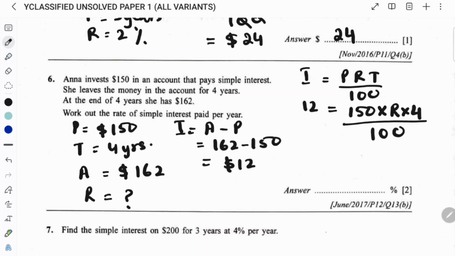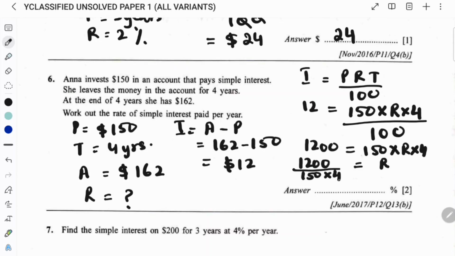Do the cross multiplication and you will get 1200 equals 150 times R times 4. Now move the rest to the other side. So the rate equals 1200 divided by 150 and 4, since 150 and 4 are multiplying.